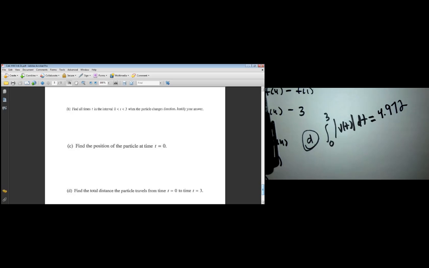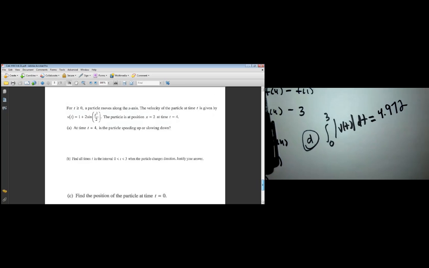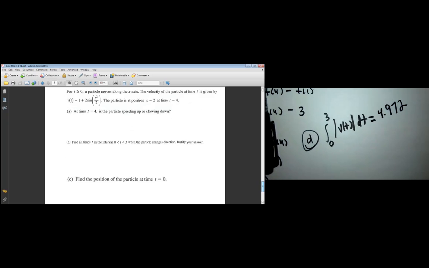I still got the same thing. You in radian mode? Yep. Let me make sure I put the numbers in correctly. 3 to 0, right? Zero's on the bottom, right? Yep. And then 1 plus 2 sine x squared divided by 2, with absolute value signs on either side.